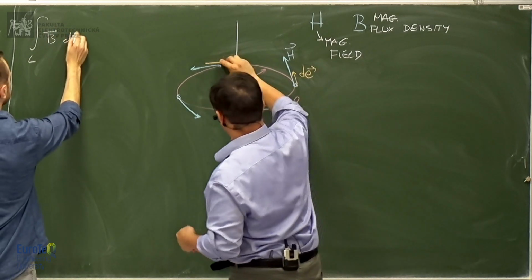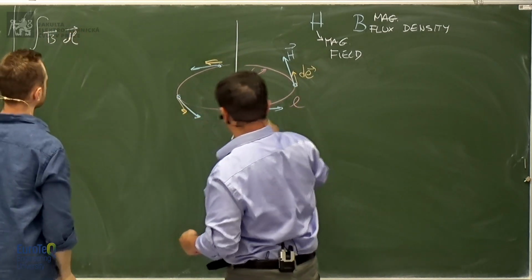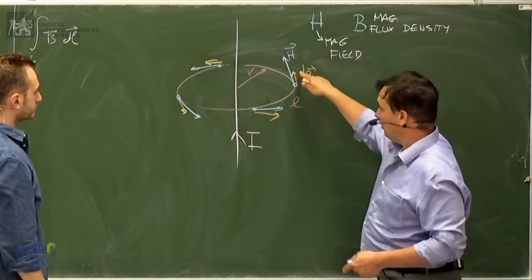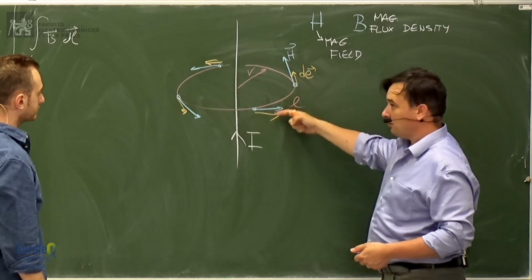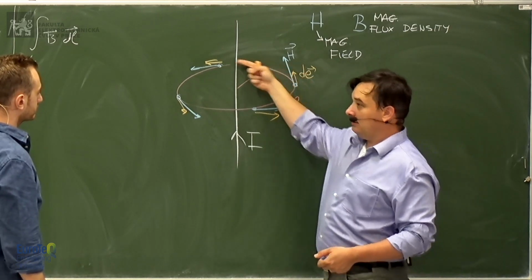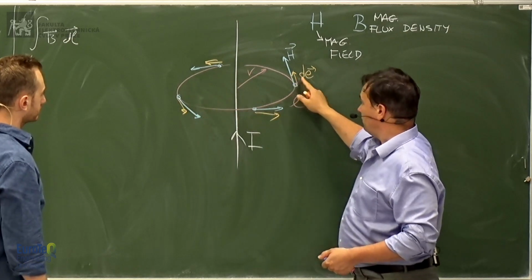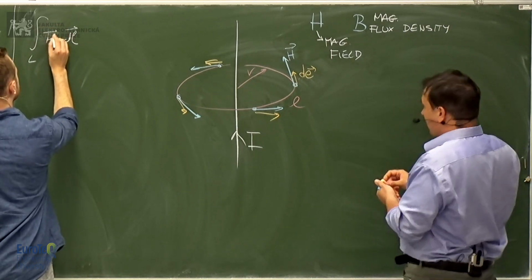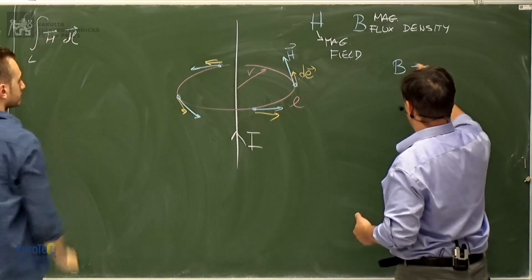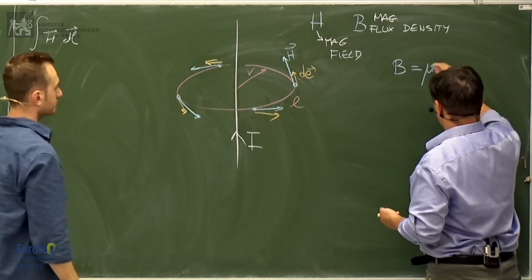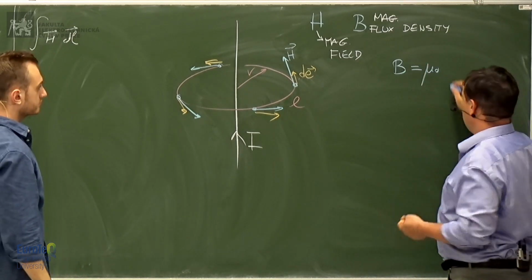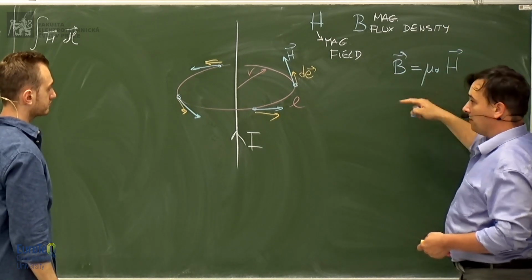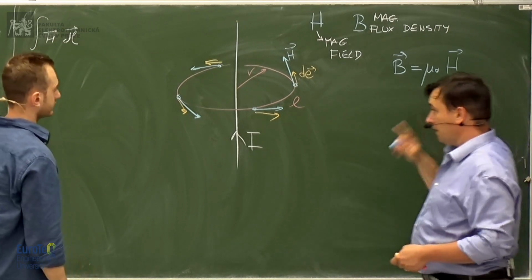Like it happened before, dl in this case is always parallel to H. So if you make the integral of H dl or B dl, it doesn't matter. We can simply say that B is equal to mu 0 H, because we are in free space, so mu 0 is just a constant.